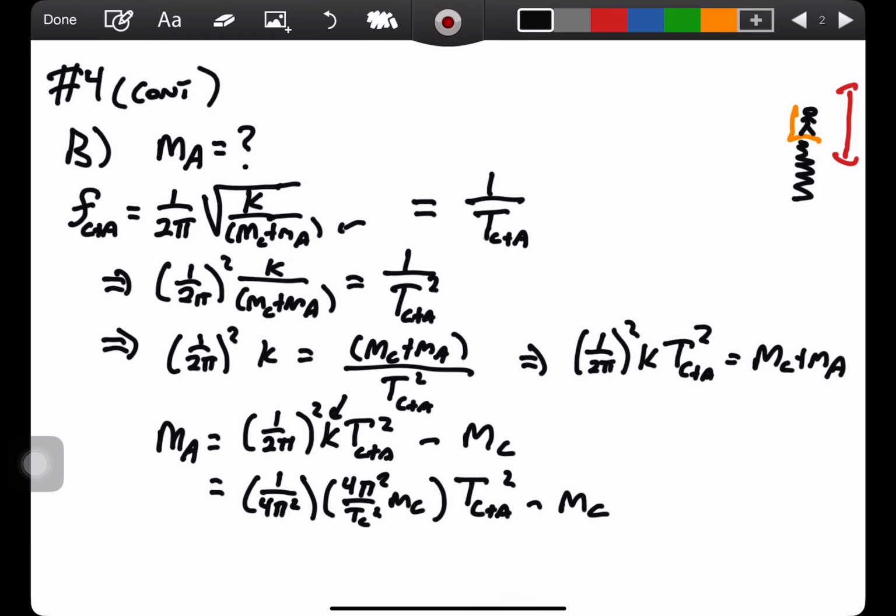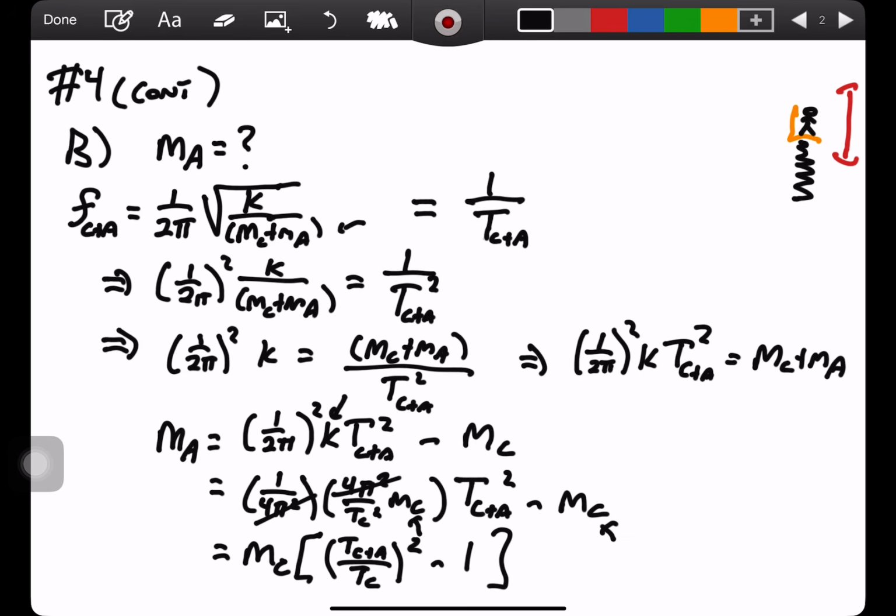And now I'm going to get some simplification. The 4 pi squared terms are going to cancel each other out. And that means I can rewrite this, because you see there's the mass of the chair term here and here. I'm going to factor out the mass of the chair such that I'll have a TC plus A divided by TC, they're both squared, minus 1.